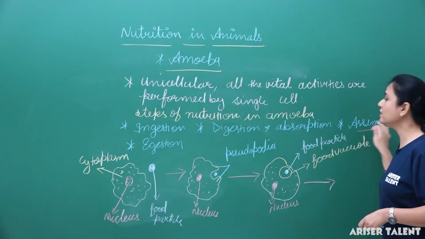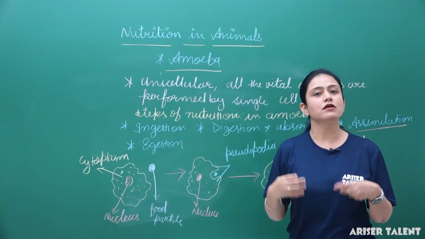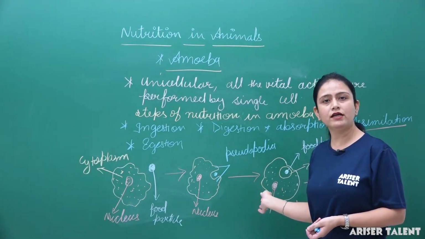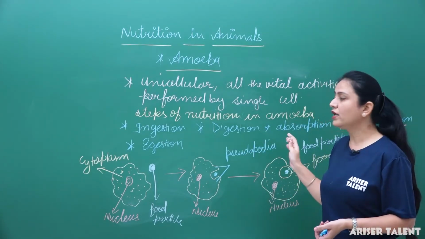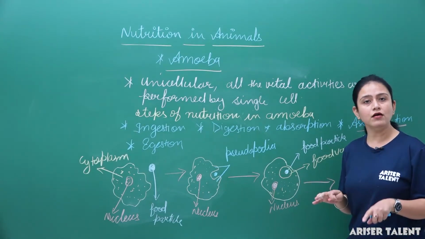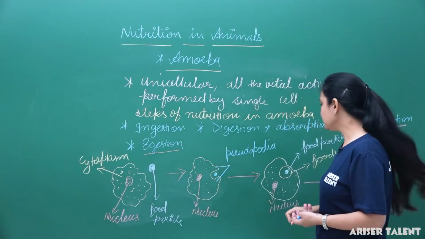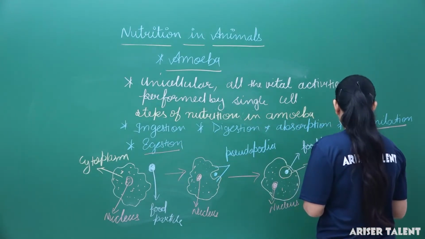Fine. After this process, whatever waste product is there, meaning nutrients are already absorbed by the amoeba, then whatever waste material is there is ejected from the body and that process is known as egestion. Clear? Let me draw.